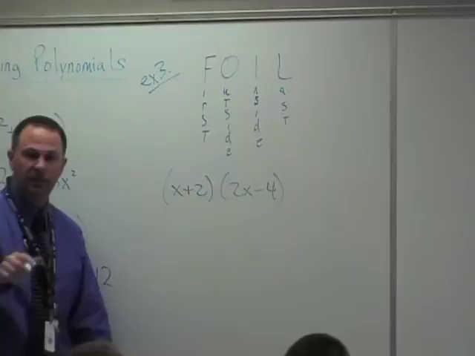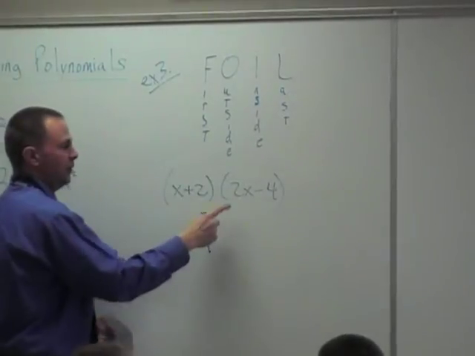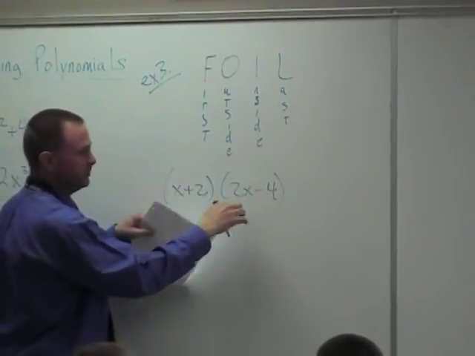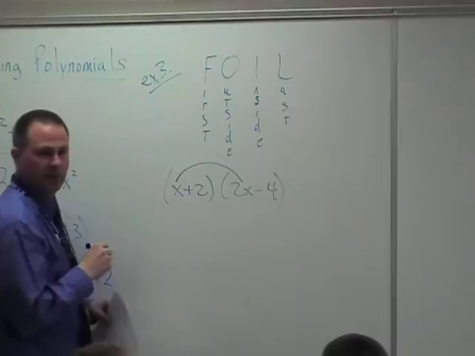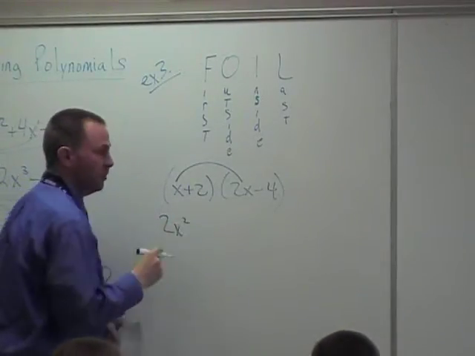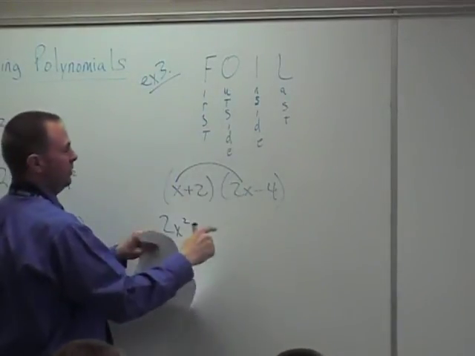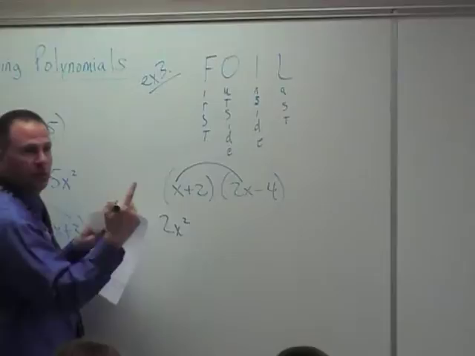Now, you did it the way we did it here. I'm going to do it with FOIL. FOIL means the first two things are multiplied together. X times 2x is 2x squared, which is what everybody did first. The next thing is outside. You're supposed to do the outside of the two.